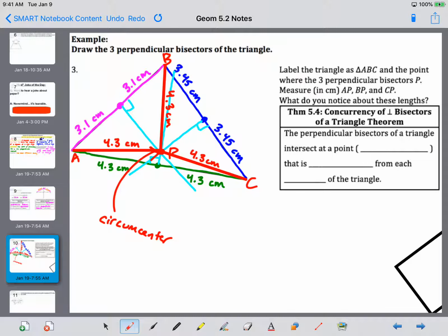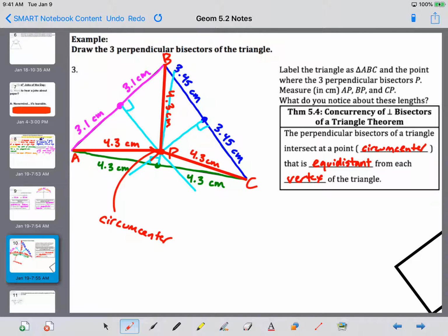So it turns out that that point, which again we call the circumcenter, is actually equidistant from each vertex of the triangle.